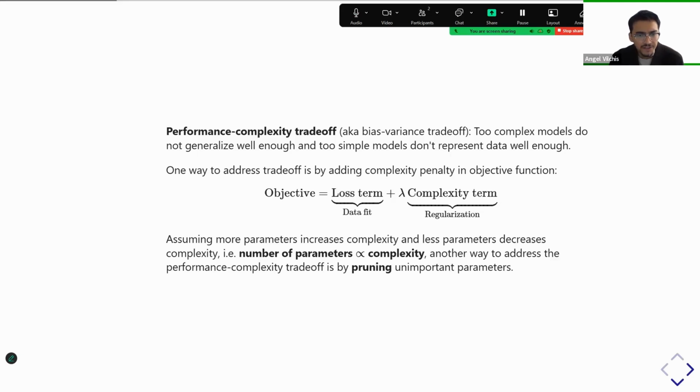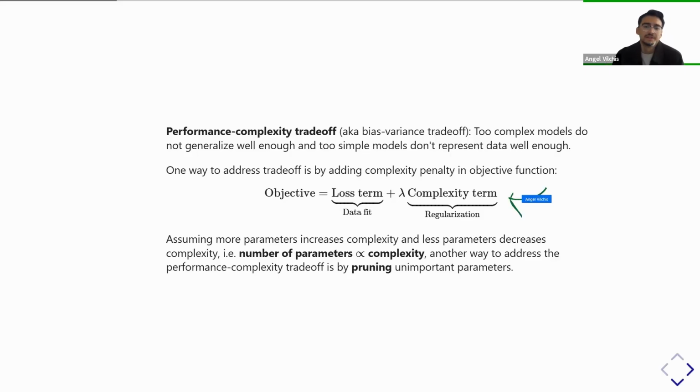A long-standing way of addressing this is by adding a complexity term in the objective. So we have our normal loss term there, which measures the data fitness of the model, and then we add a penalty for being too complex, whatever complexity term we want to use.